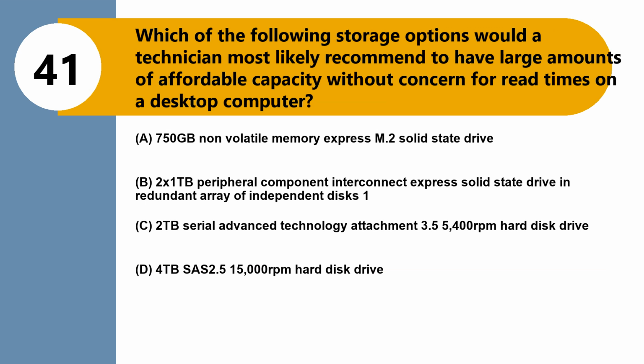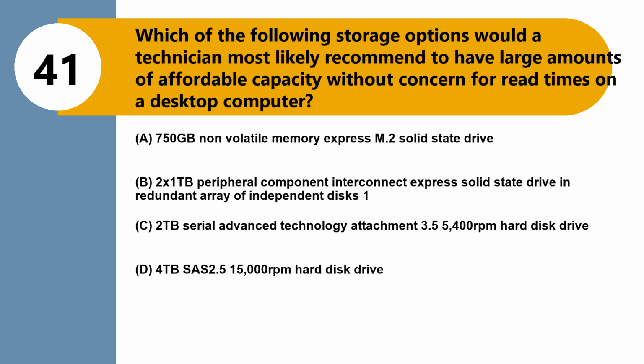Question 41. Which of the following storage options would a technician most likely recommend to have large amounts of affordable capacity without concern for read times on a desktop computer? Option A, 750 GB non-volatile memory express M.2 solid-state drive. Option B, 2x1 TB peripheral component interconnect express solid-state drive in redundant array of independent disks 1. Option C, 2 TB serial advanced technology attachment 3.5, 5,400 RPM hard disk drive.